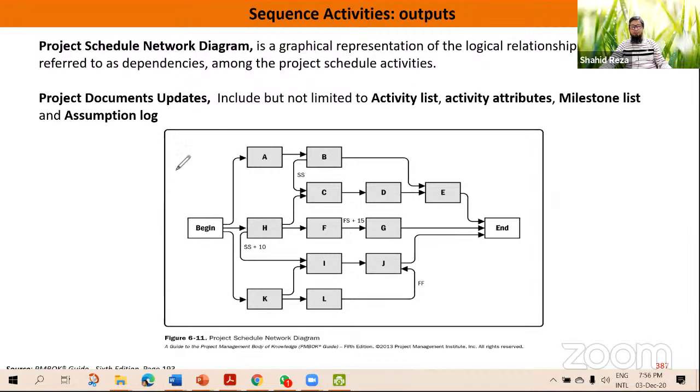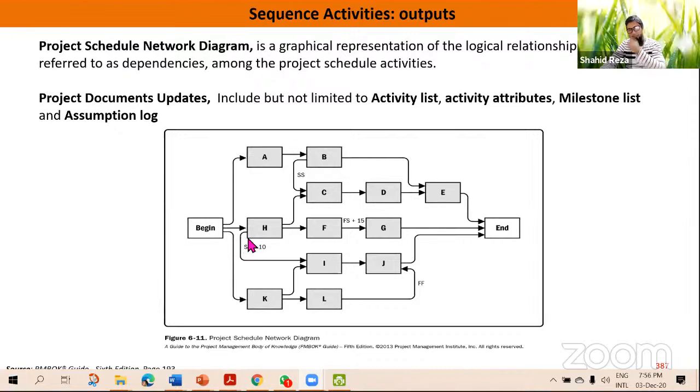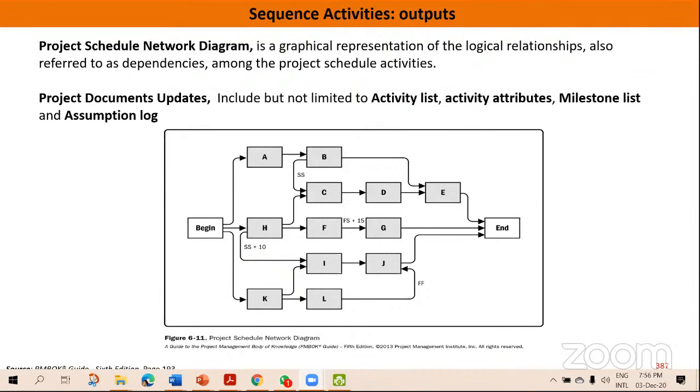So this will be the network diagram when we do the sequence activities process. So let Reza bhai, me, here please. SS plus 10, start to start plus 10. That means what? Right. Okay.